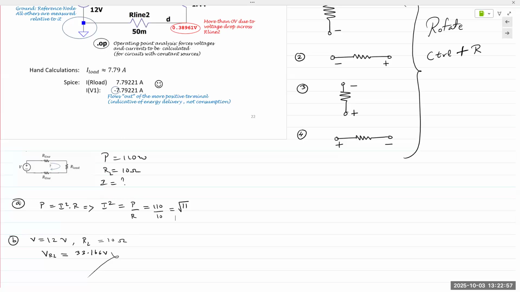Now if RL, see, let's go back to the Gradescope question.